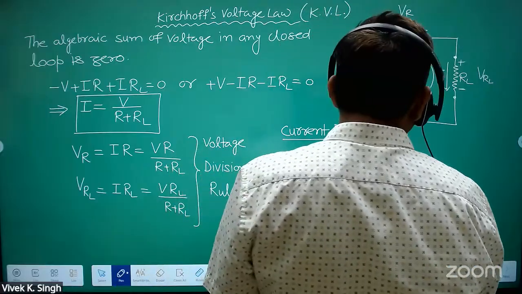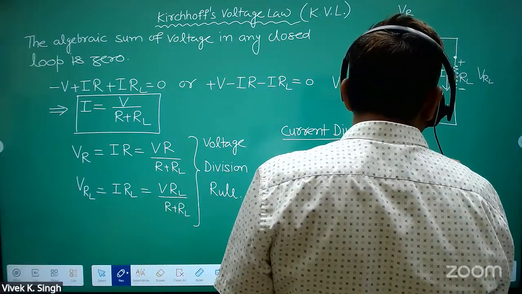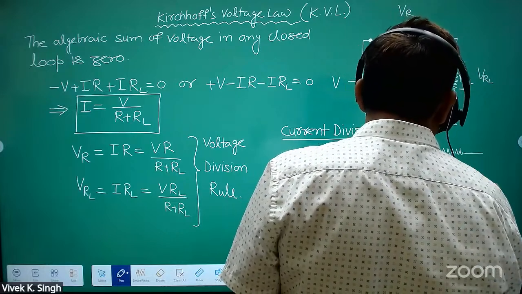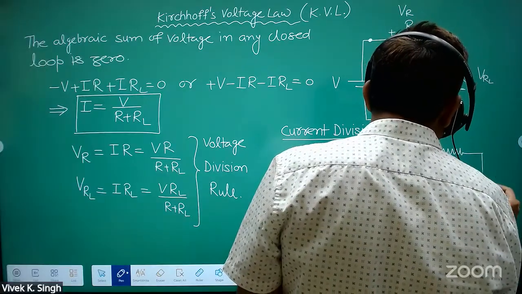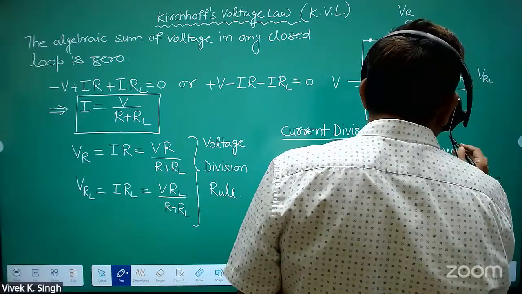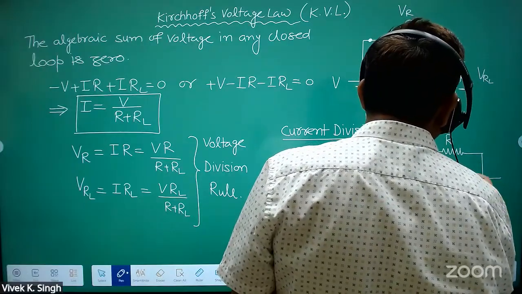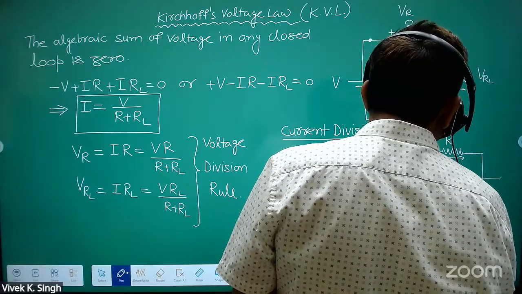So in current division rule, consider this current is I, and this current is dividing between two parallel resistances, R1, R2. This current is I1 and this current is I2.